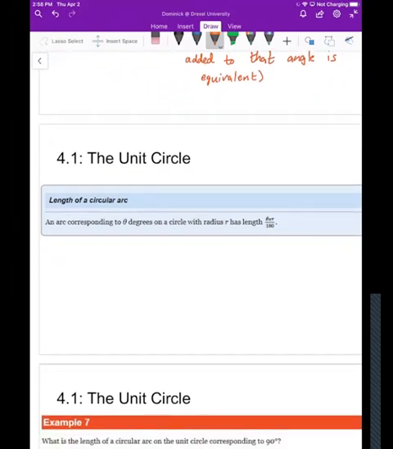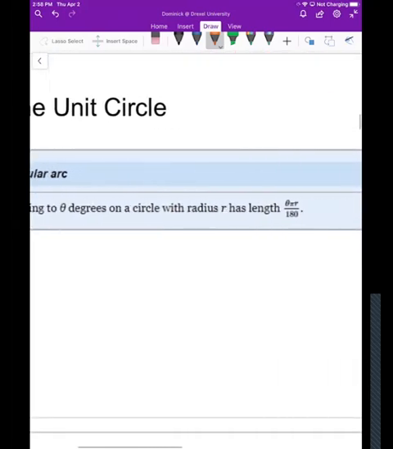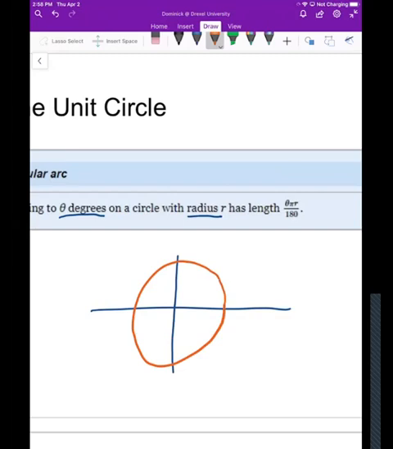Okay, now I want to discuss how you can find the length of a circular arc on the unit circle. So if you're given an angle of theta degrees on a circle with radius r, then the length of the arc, and I'll show you what I mean by that. Let me just draw this out. Okay, so let's say that I have an angle, and this is theta degrees, and then I have some radius of the circle, which is r.